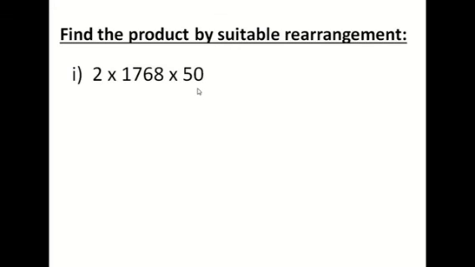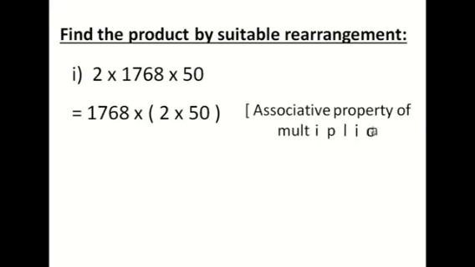But now we have learned associative property of multiplication, so we will rearrange and then multiply. I have grouped 2 and 50 here and kept 1768 separately. This is the application of associative property of multiplication.